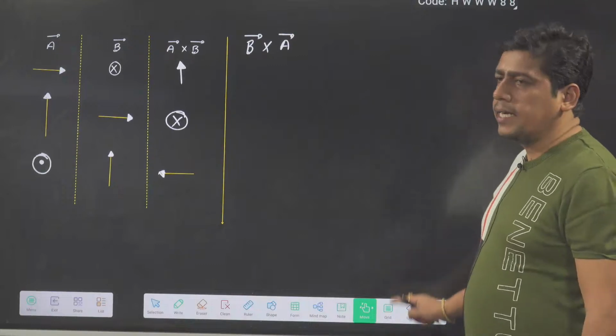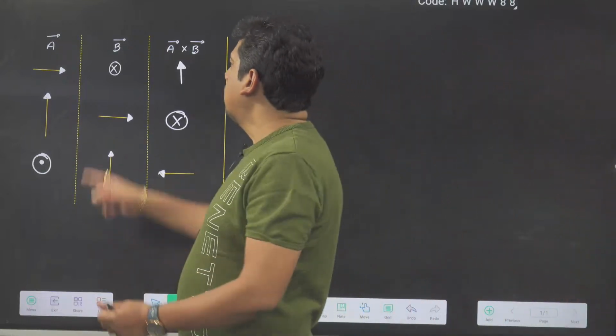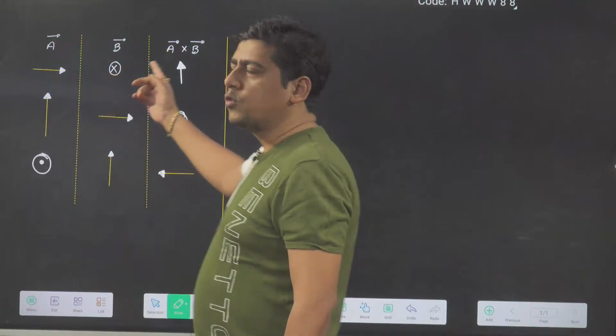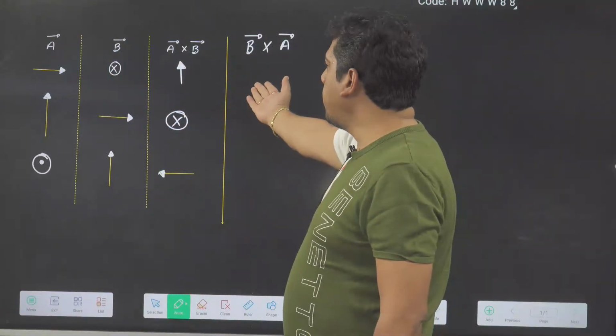Like if first one I tell you, arm should be in inward direction. So in this direction. Arm should be in this direction.